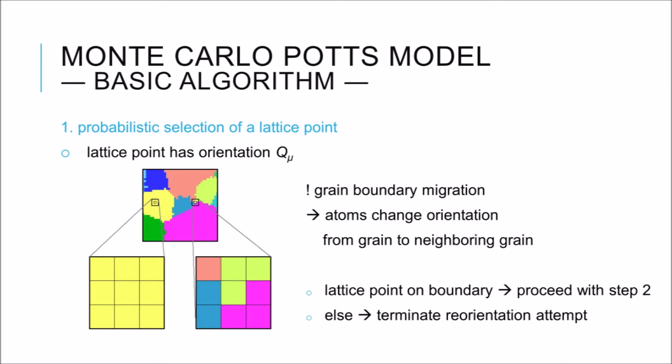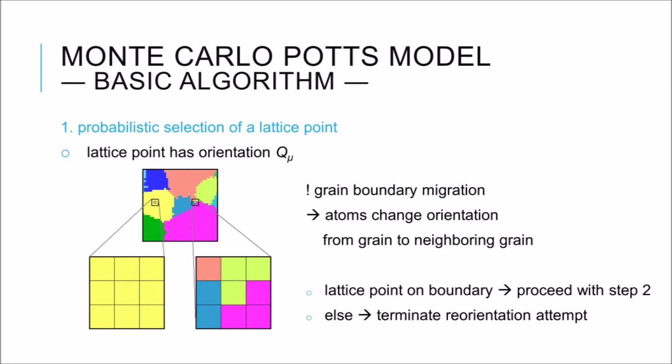Basically, each reorientation attempt itself consists of 4 different steps. In the first step, we select a lattice point completely at random. And we choose, of course, from all lattice points in our lattice. This lattice point has a certain orientation, let's say Q mu.